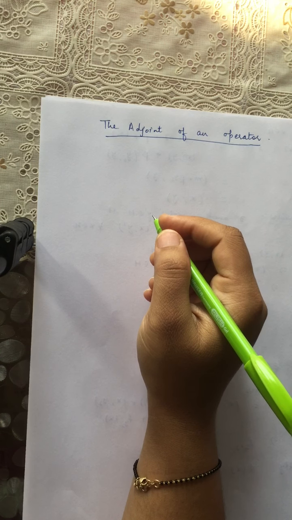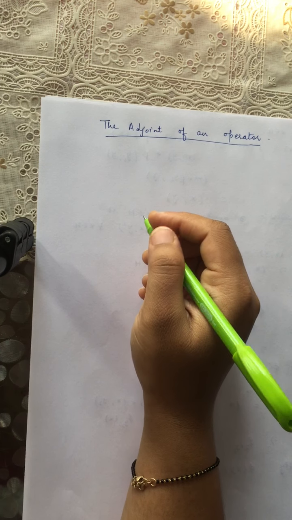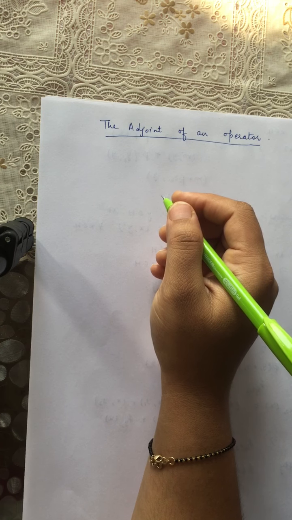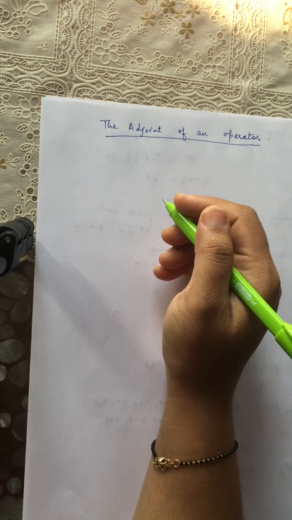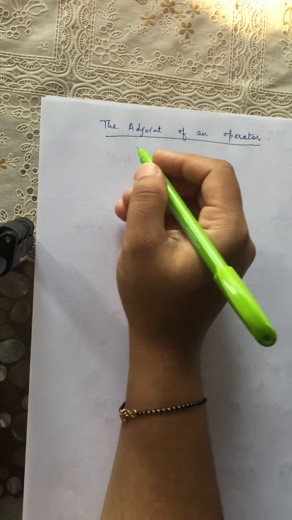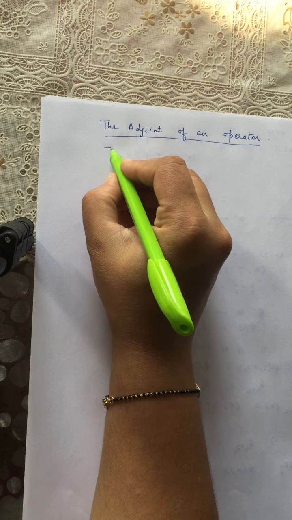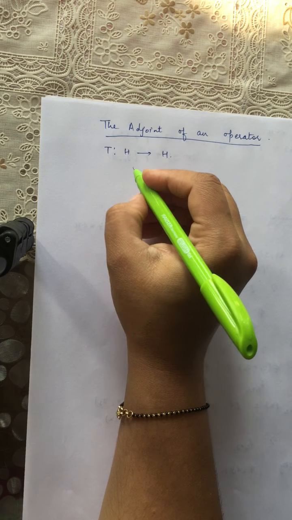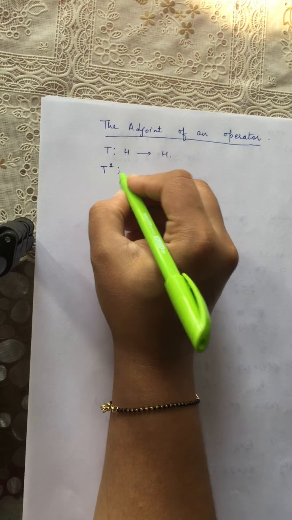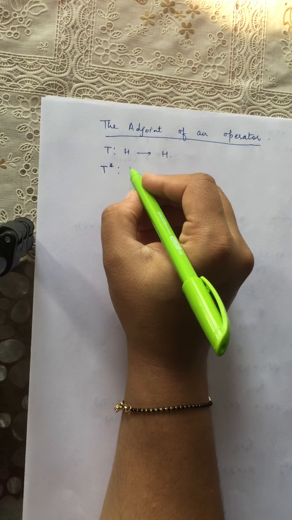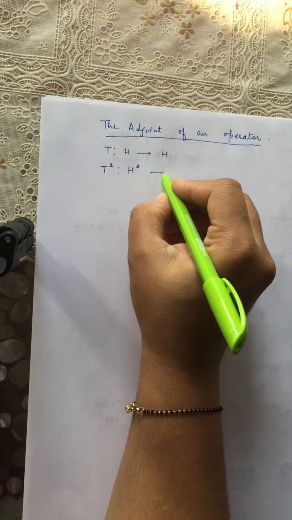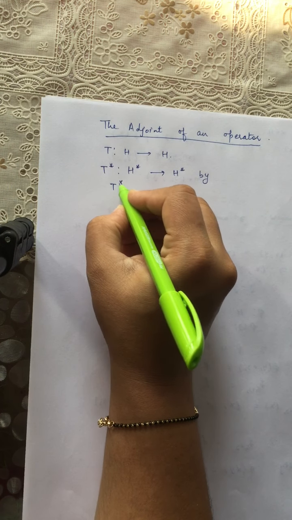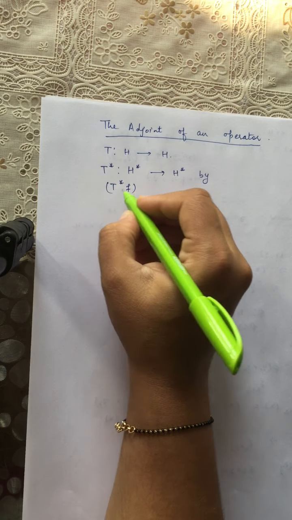Here we will discuss the adjoint of an operator. In the previous sections we have derived a conjugate operator T star for a given operator T defined on a Hilbert space. If T is an operator defined on Hilbert space H to itself, then T star, which is called the conjugate of T, is defined on H star by T star at any functional f.